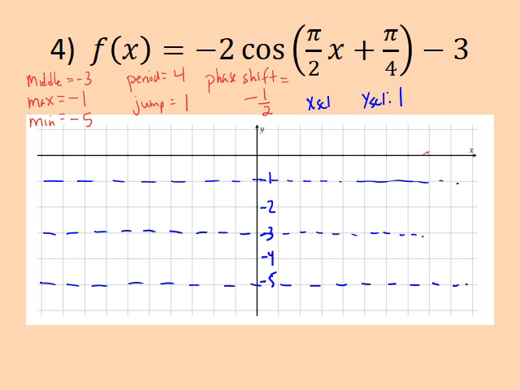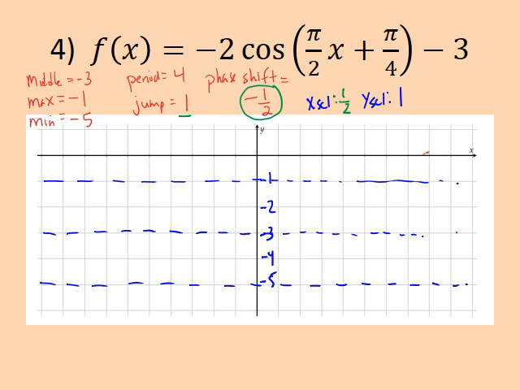Now this is the first time where our x scale is a little bit trickier. Our graph is shifted left 1/2, so -1/2 is our starting point, and our jump is 1. We really would like the least common denominator between these two pieces of information. So instead of making our x scale the same as the jump, which is 1, we should really make our x scale 1/2. That way, when we do our phase shift, it's a little bit more straightforward.